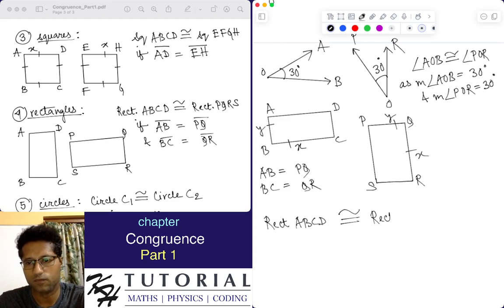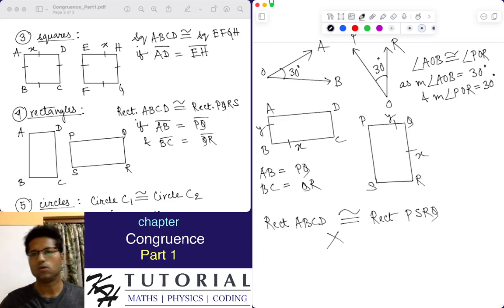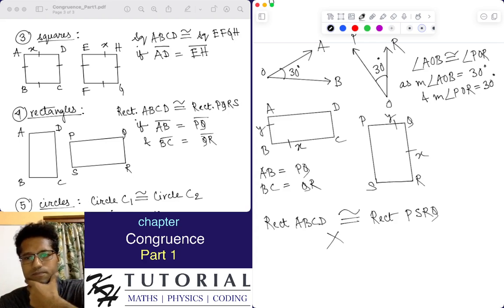I can also name the rectangle on the right hand side as PSRQ, but this would be wrong. The rectangle PSRQ is actually not congruent to rectangle ABCD, because the ordering of the letters of the figures matters in both the figures while you are expressing congruency.